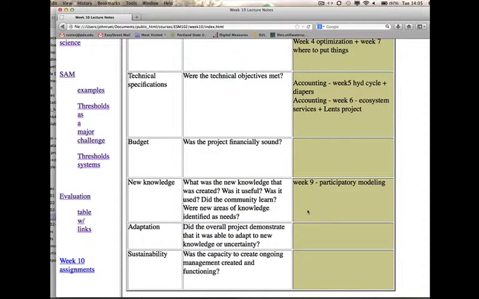The new knowledge, again, we're talking about new knowledge actually being used by a community to make a decision. We saw more examples of this in ESM 101, where we had community conservation projects and how it was actually used. But in this class, ESM 102, we talked a little bit about this in week 9 when I brought up this idea of participatory modeling.